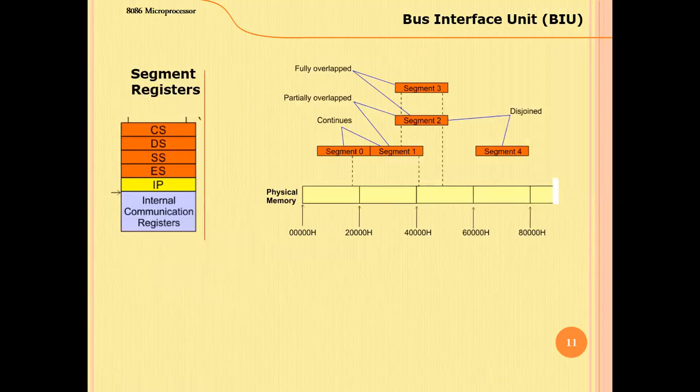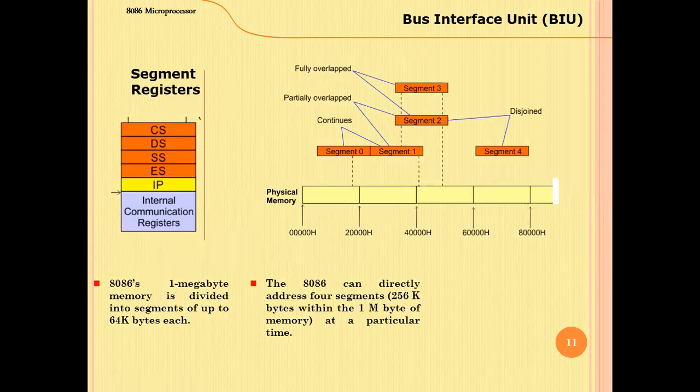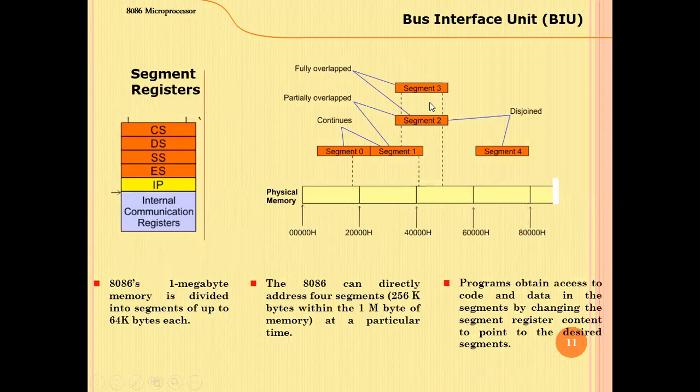Let me see some other details of these segment registers. The segments may be overlapped, either partially overlapped, or they may be non-overlapped also. If you observe segment 2 and segment 4, there is a space between them, hence we say that these are not overlapped.